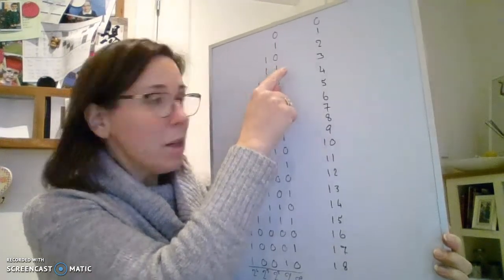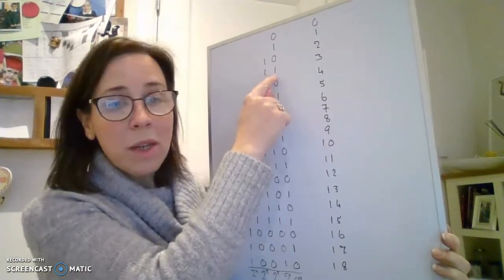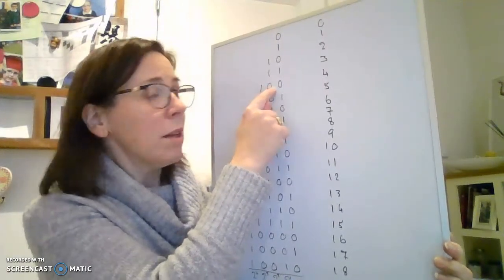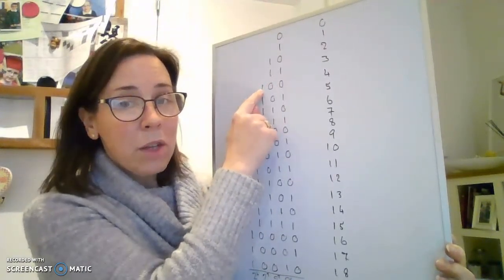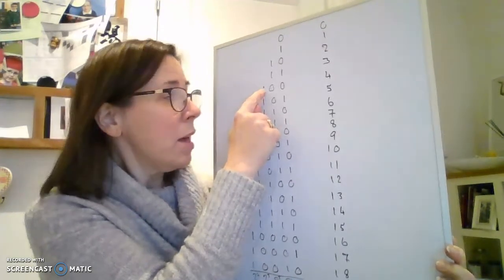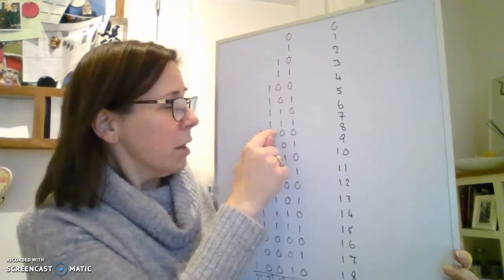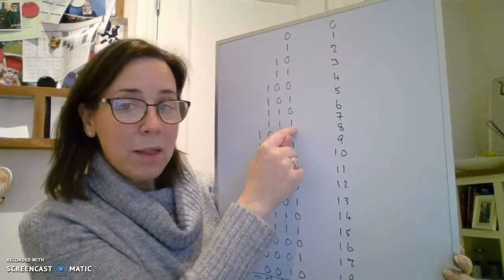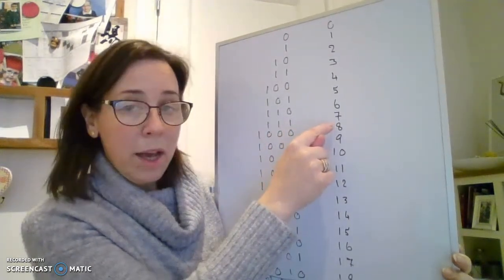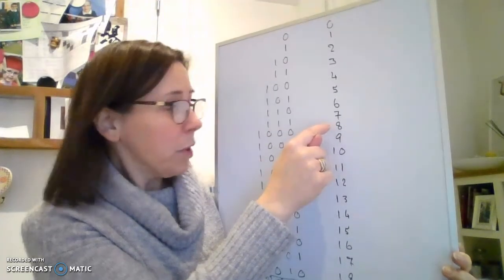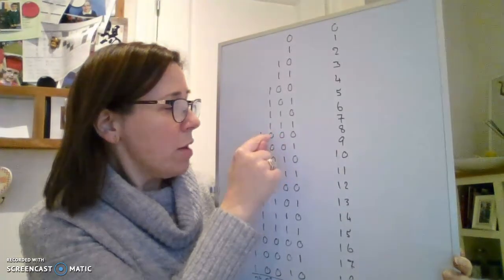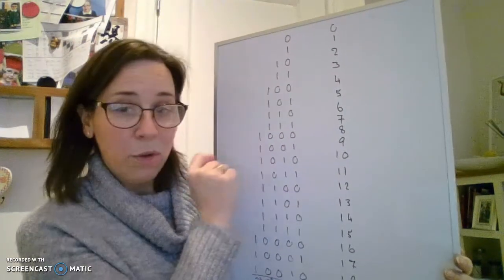But when we want to add on another bit, we've got two 1s here. We can't go any further, so we reset to 0 here, reset to 0 here, and tick over into our third column. And you keep on going like that. Down here at number 7, 1, 1, 1 in binary is the same as 7 in decimal. Then you have to reset your three 1s to 0s and tick over into the fourth column.